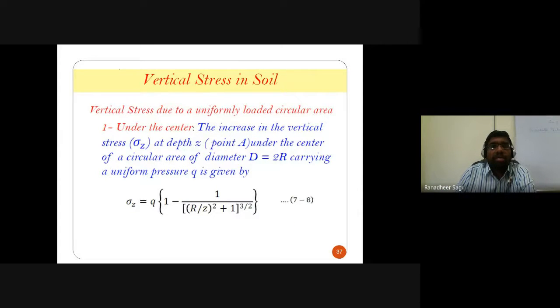Next, moving on to understand how to calculate your vertical stress in the case of a uniformly loaded circular area.